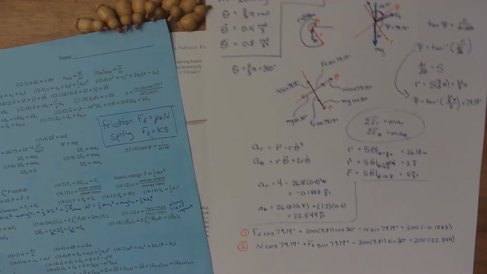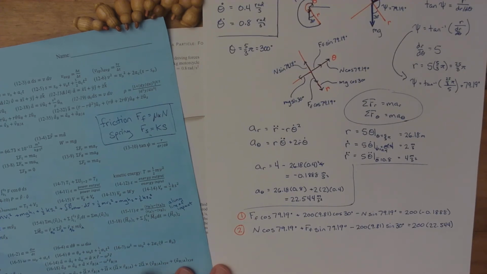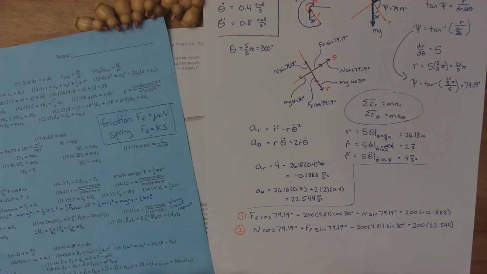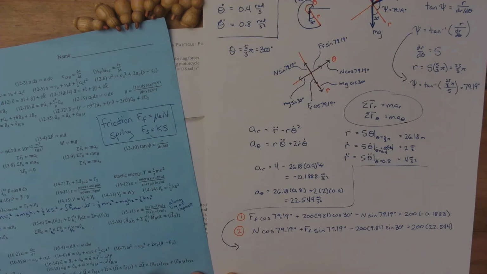Okay, so now we have 2 equations and 2 unknowns. Our 2 unknowns are the normal force and the force of friction, which is what we are looking for. So you could finish solving this on your own, but we will do it together.